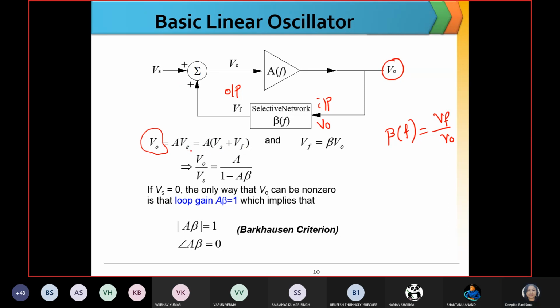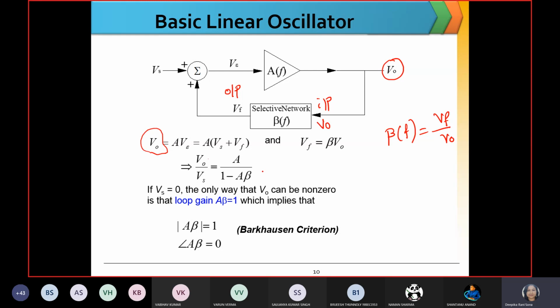This epsilon signal, or the voltage towards the amplifier, is Vs plus Vf. So if I define the ratio of V naught by Vs entirely, I get A divided by 1 minus A beta. Here you have to apply that concept, guys.